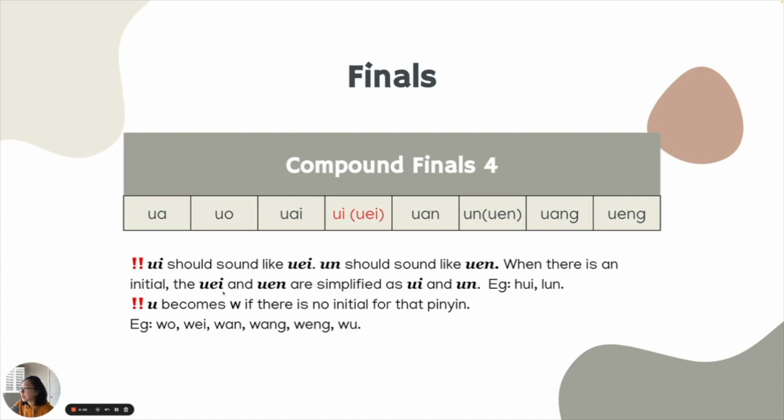So when there is an initial, the way and wen are simplified as UI and UN, just like hui or lun. And then also, U becomes W if there's no initial for that pinyin.